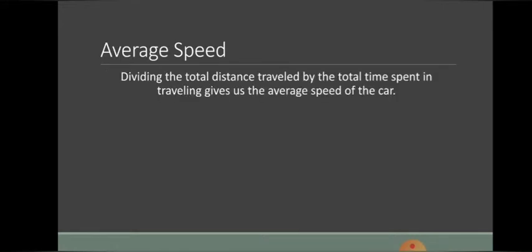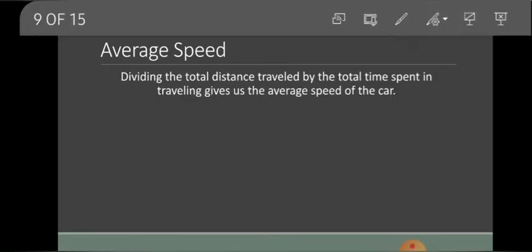But naturally, most of the time, an object does not travel in uniform motion, meaning its speed is not constant. Normally, vehicles, motor vehicles, or any moving objects have different speeds at certain times during their travel or journey.